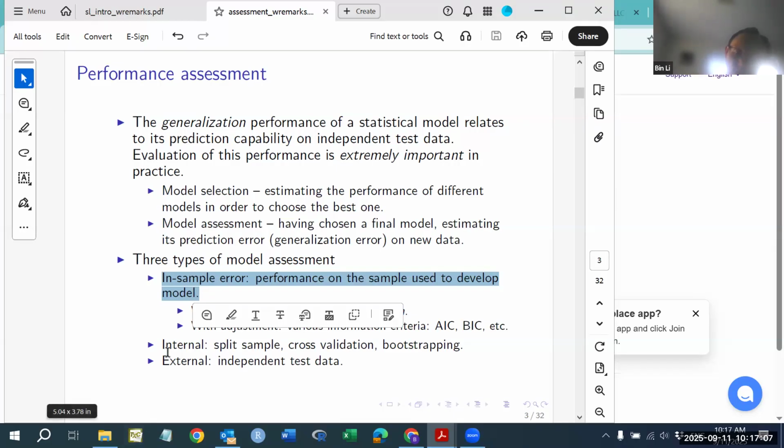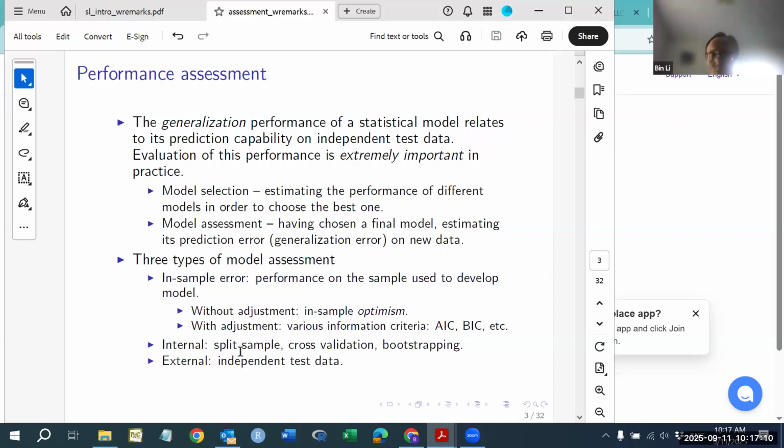The internal approach is to split the data into multiple parts, using cross-validation or validation. For the external approach, if we have a large enough sample size, we can leave a part of the data out, fit the model, and then assess the model using that independent test set. So that's the external approach.